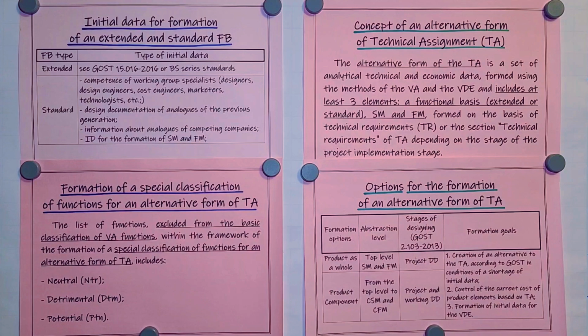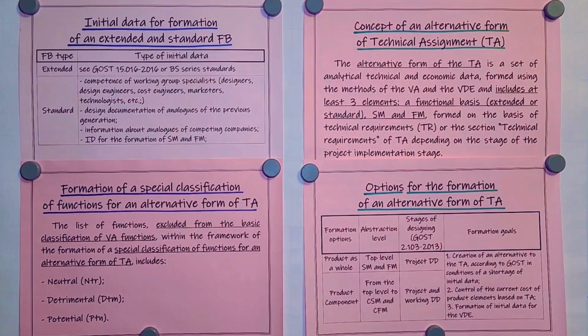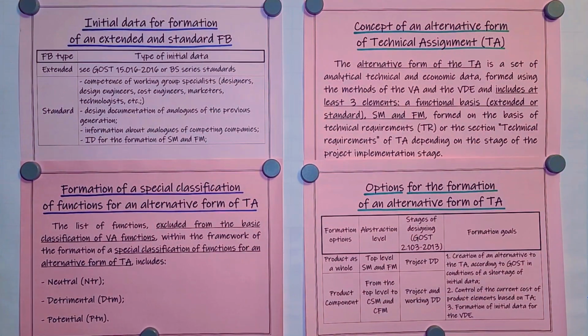The number of abstract structural model elements in this case will correspond, in the first approximation, to the number of blocks of the section technical requirements corresponding to the design composition of the product. As a rule, the number of partitions does not exceed 15-20, so, as in the case of the method of using cost drivers, we avoid excessive bulkiness of the abstract structural model and abstract functional model.